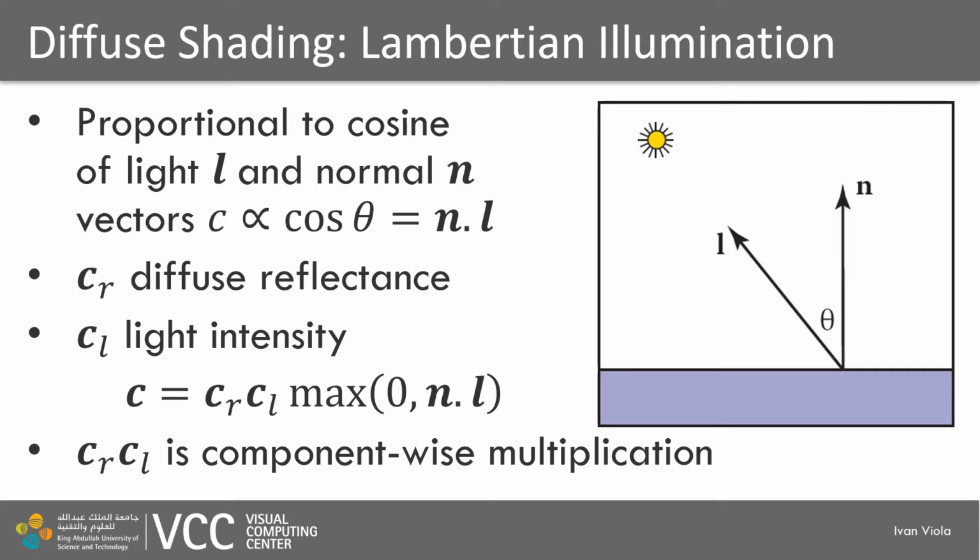We can say that the rest of the energy which is not being reflected will be absorbed at that location. And then we have the light intensity, which can also be expressed in our RGB color scheme as an RGB vector. So this is an implementation of shading which is using the RGB color space.